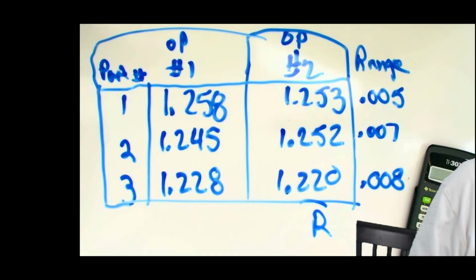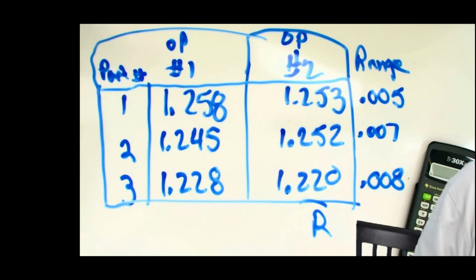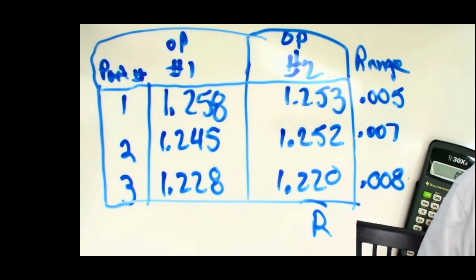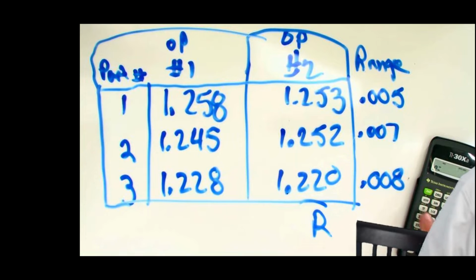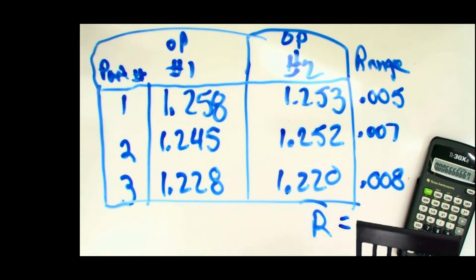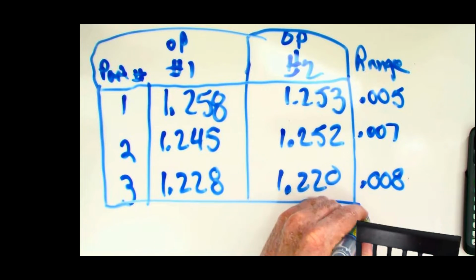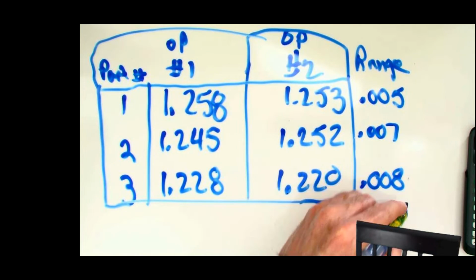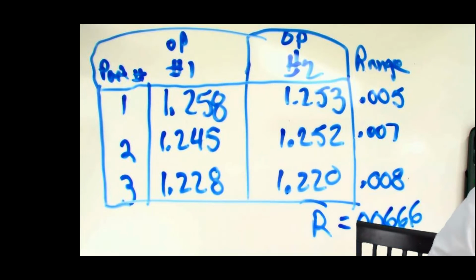So 0.005, 0.007, 0.008, and the average gives me 0.00666. Okay, that's where I could not figure out how you got that.